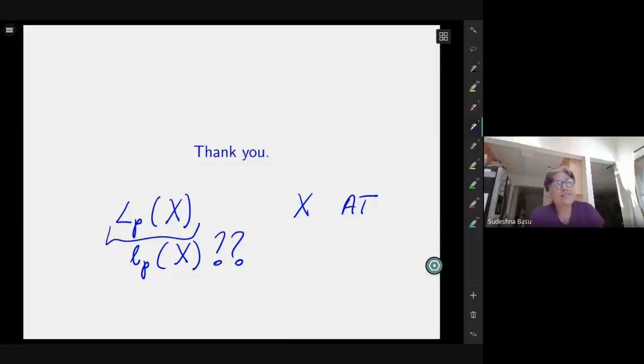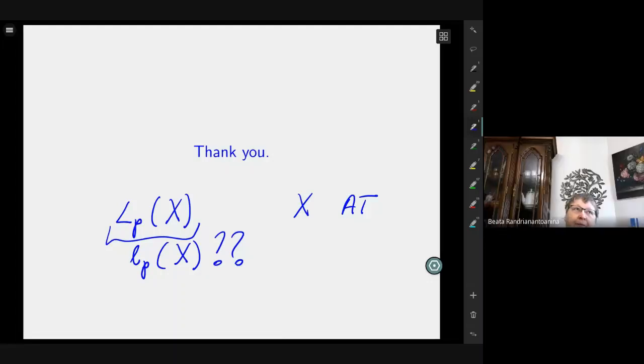Right. So, for example, if we look at the dual of an almost transitive space, Cabello-Sanchez has some results in this direction. I would have to check.